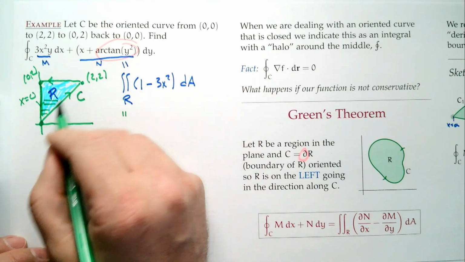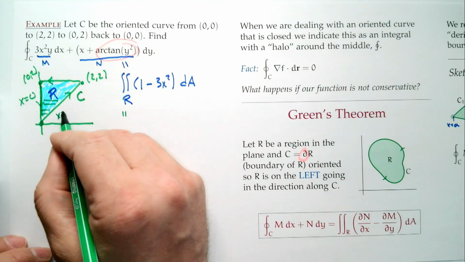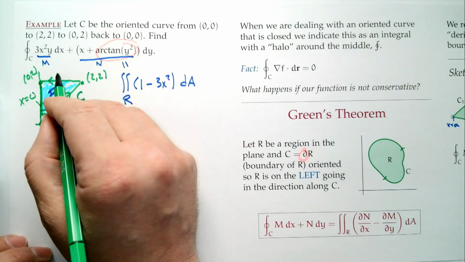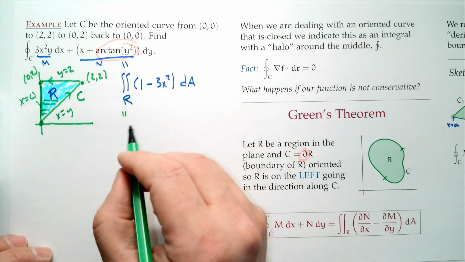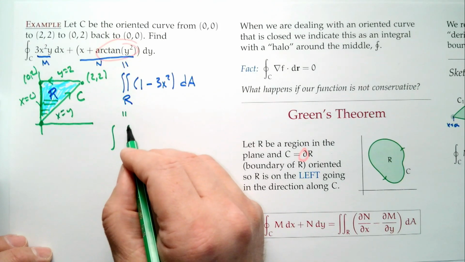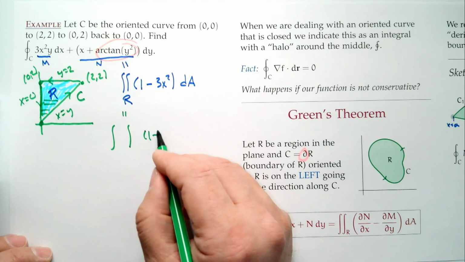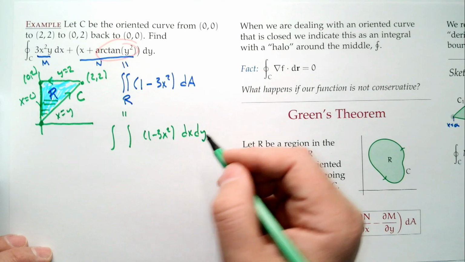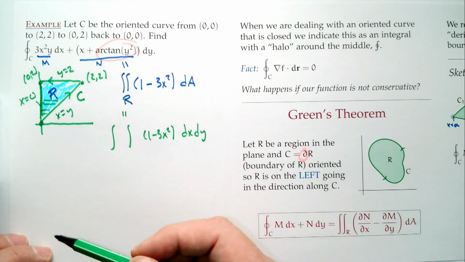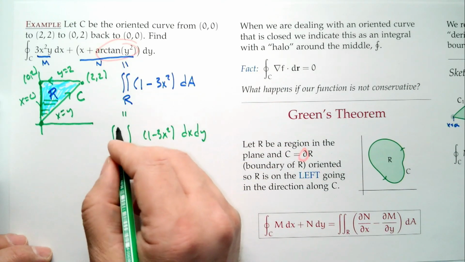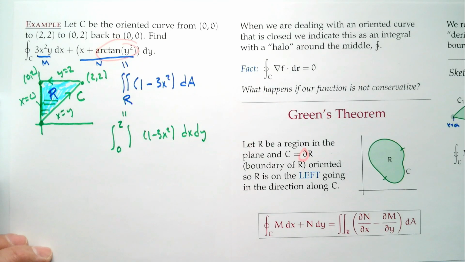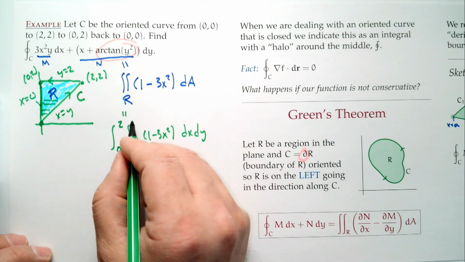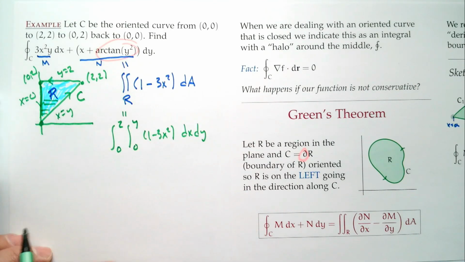This bounding curve from (0, 0) to (2, 2) is x equals y, and the top one we can write as y equals 2. So if we were to slice horizontally, which means that we were going to integrate this in the order dx dy, we would say, well, where does y go from? 0 to 2. Where does x go from? 0 to y, because I'm going from 0 to y.